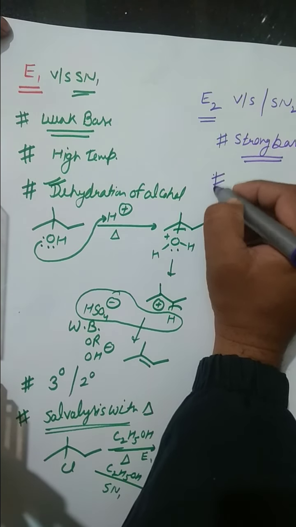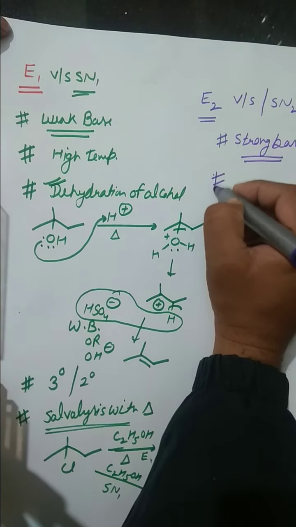If we are talking about tertiary butoxide, or alcoholic KOH, or if we are taking an alkoxide ion in the presence of alcohol, then we also get our product through the E2 mechanism.